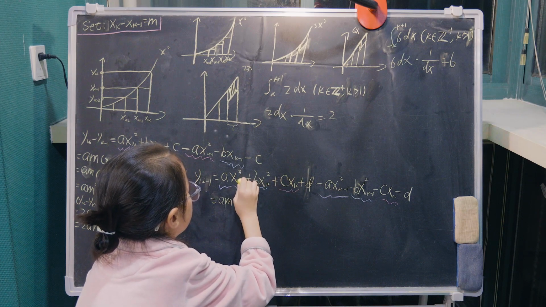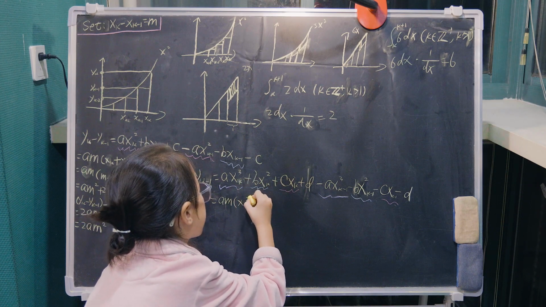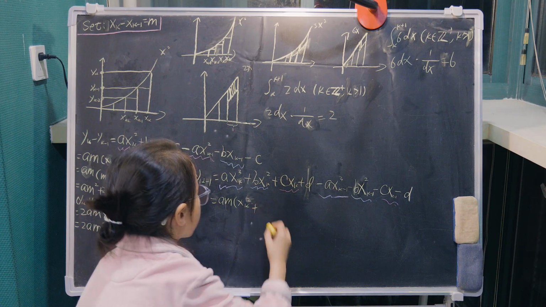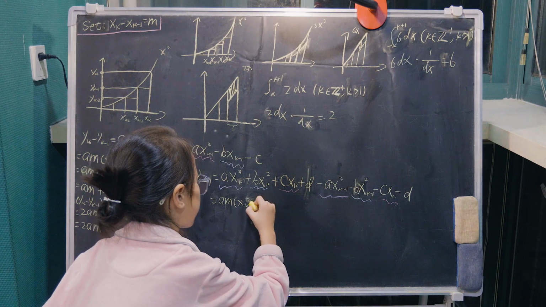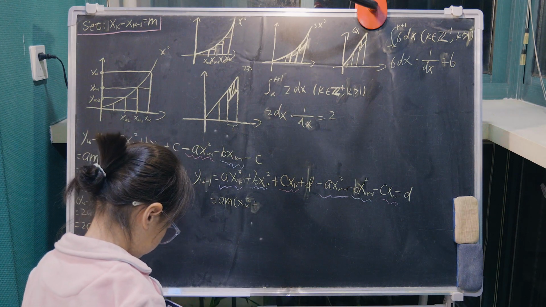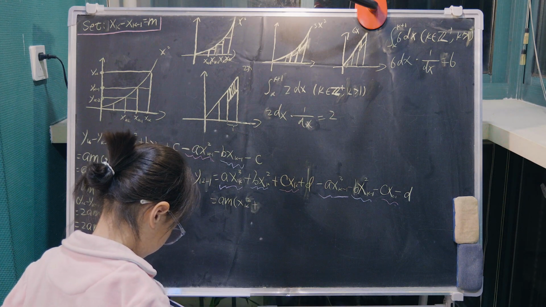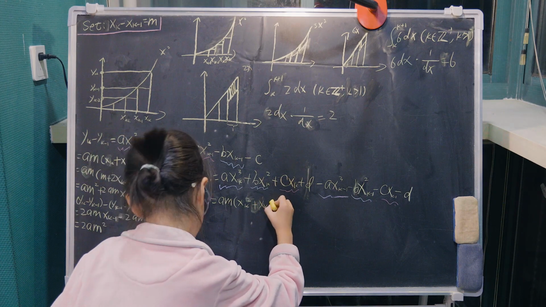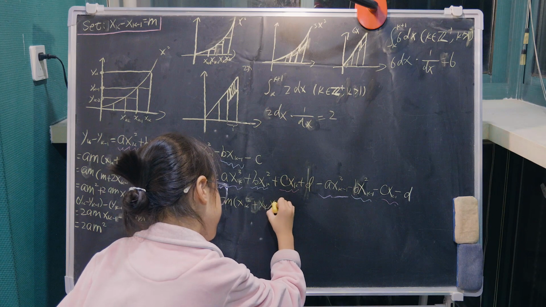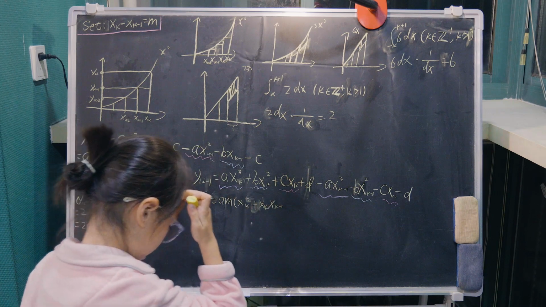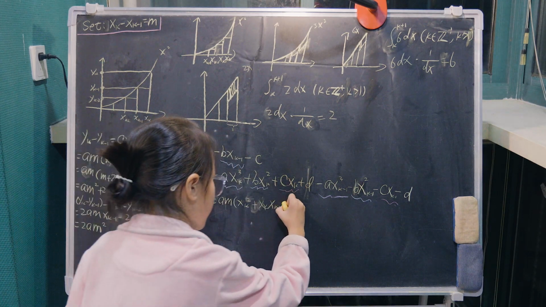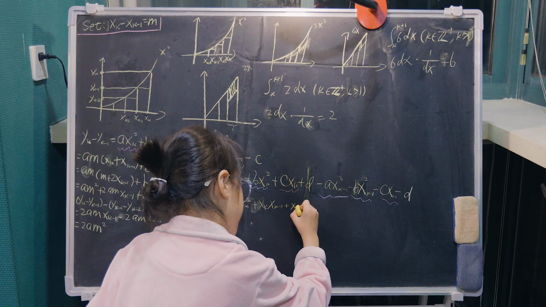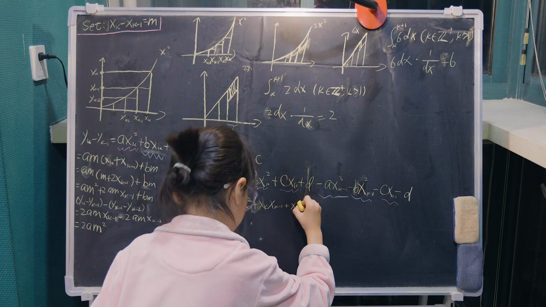xk squared, and plus xk times xk minus 1, and then plus x(k minus 1) squared.